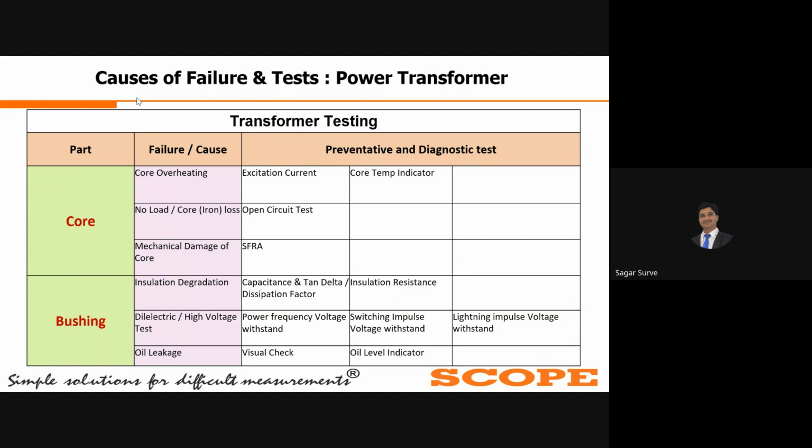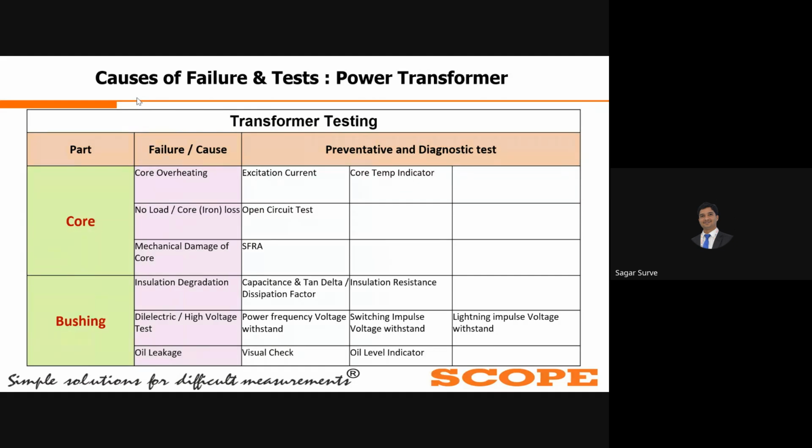Now, the transformer bushing is also an important piece of equipment which will connect your overhead line with the transformer winding. And with the transformer bushing, we can give the minimum or required ground clearance also for the safety of the equipment. So the bushing has its own insulation, its own oil insulation, paper insulation.